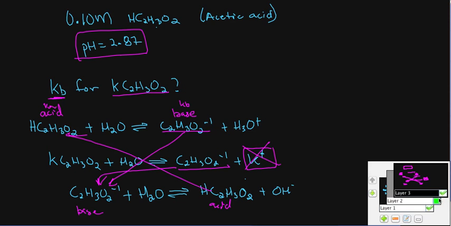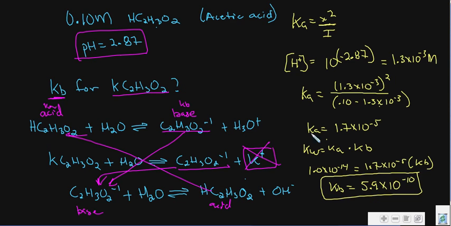All right, so I went ahead and worked out a lot of this stuff for you. And so what do we do? Well, I need to find the Ka because I know that if I can find the Ka, I can figure out the Kb of any conjugate base because Kw equals Kb times Ka. And so to figure that out, well, the hydrogen ion concentration is going to be a function of this. So I can take the pH, I can take the antilog of the negative pH to get any hydrogen ion concentration.